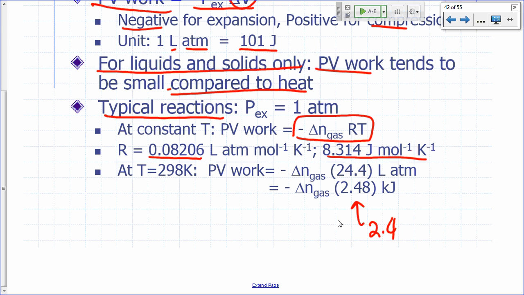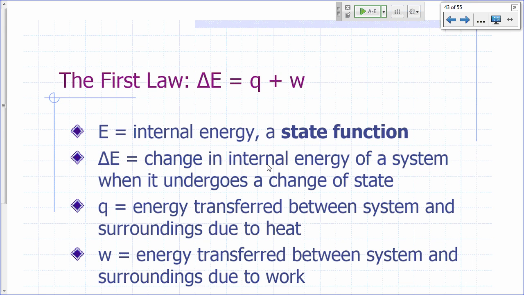Okay, 2.48 would be better. If you want 3 sig figs, you can use 2.48 kilojoules per mole. Okay, so that's the summary for work.